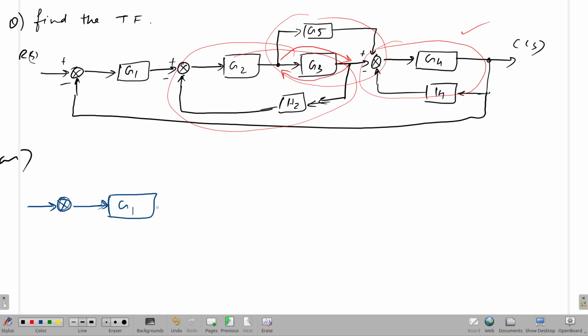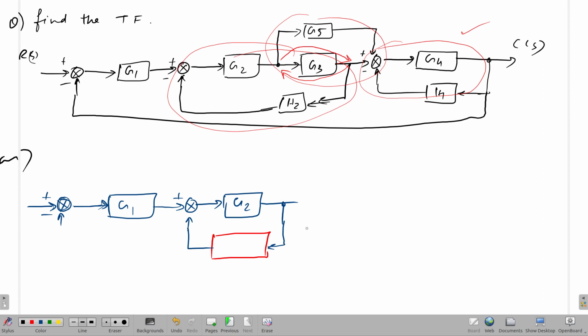Your G1 will come here, the summing point, so there is no change here. Okay, here G2 and I have shifted this point to here. So you will have a changed feedback here. I am drawing it in red so that it is visible, right?